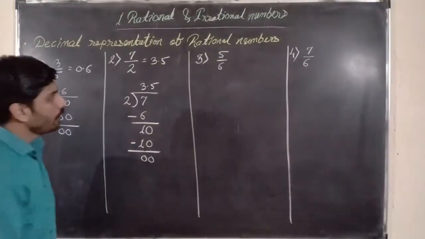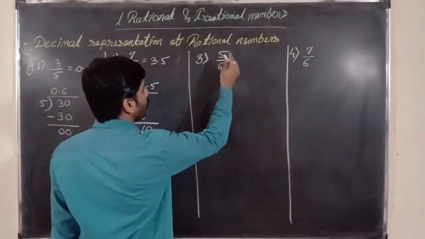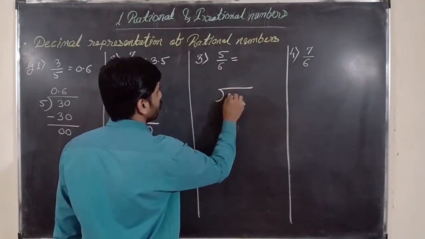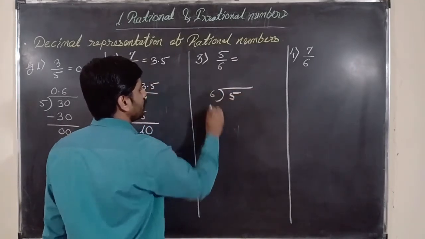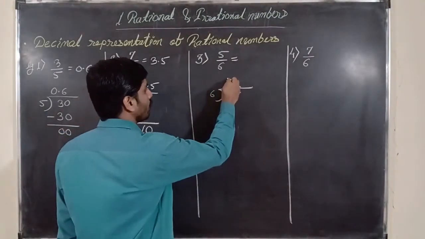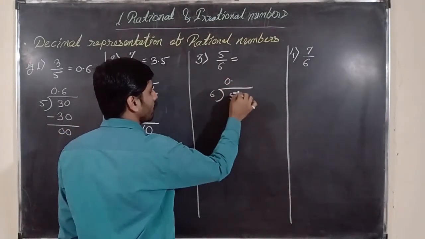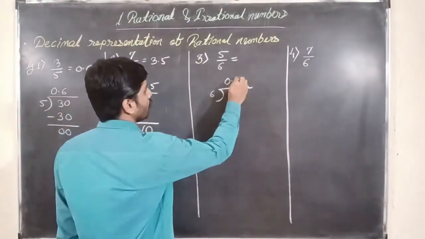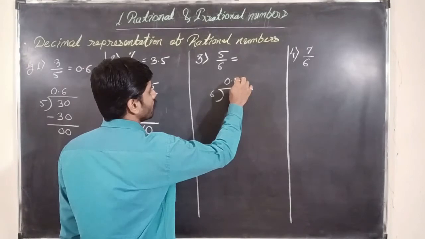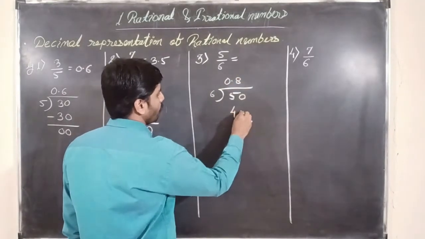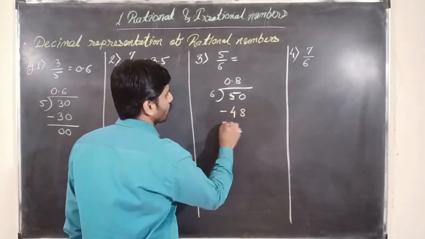We have another example, that is 5 upon 6. So we will divide this 5 by 6. We cannot divide this 5 by 6. We will take the decimal point and this 5 will become 50. Now 6 eights are 48. The remainder is 2.